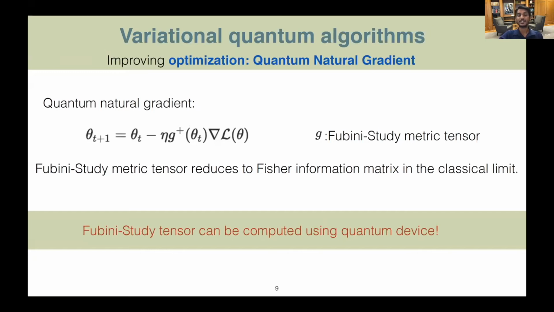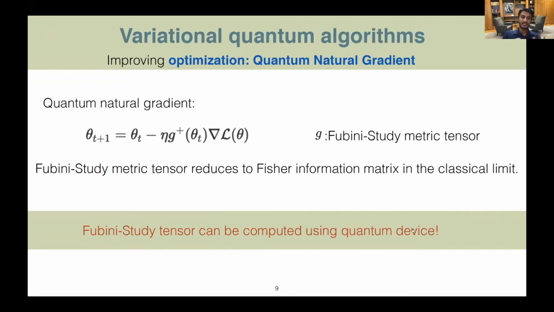But then the question is, in classical theory we know how to compute the Fisher information, but in quantum, how do we compute this Fubini-Study metric tensor? It turns out that computing this is classically hard. Interestingly, there has been work which shows that this metric tensor can be computed using a quantum device.